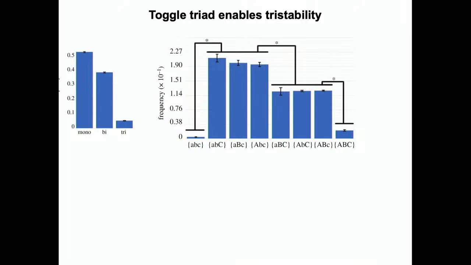Let's quantify further. How many solutions lead to these states where one is high? The capital letter indicates that that gene is high. So either C is high or B is high or A is high. This is the most dominant behavior. But in addition to that, not too far behind, is two molecules being high simultaneously. And what you do not see is all low or all high.